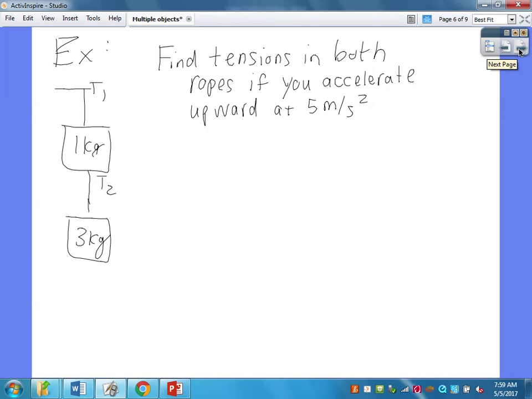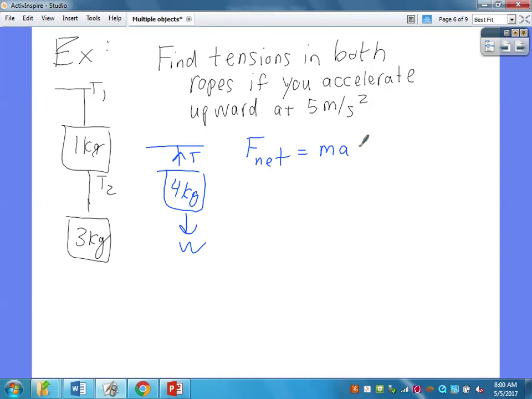All right? So the way I would look at this is instead of looking at two objects, I would make it a system. It's a 4 kilogram object being held up by T1 and then the total weight. And then I would do F net equals MA equals T1 minus the weight. And then I could find T1 will equal MA plus the weight.